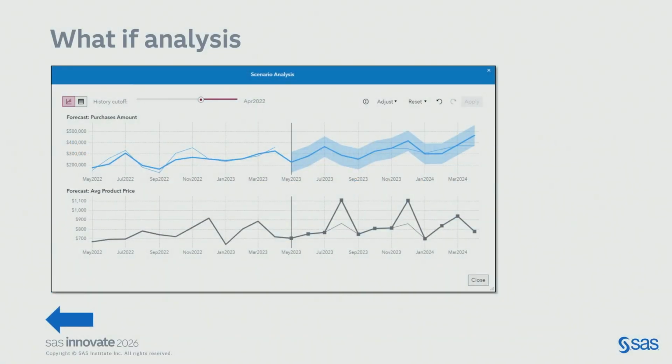So what-if analysis has been available in Visual Analytics for some time, but several months ago, we completely revamped the experience. We made it much easier to use, and importantly, we also made it available at view time. So now the executives that are reading those reports can change the scenarios and all the goal-seeking elements for themselves and do forecasting on the fly as a report consumer.